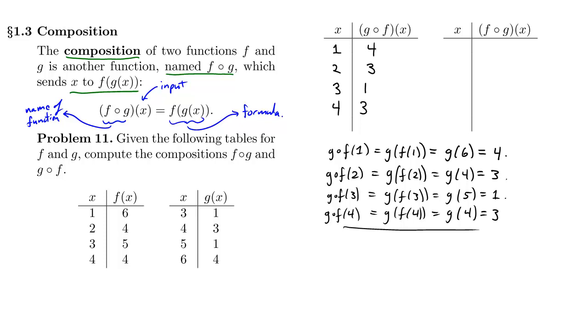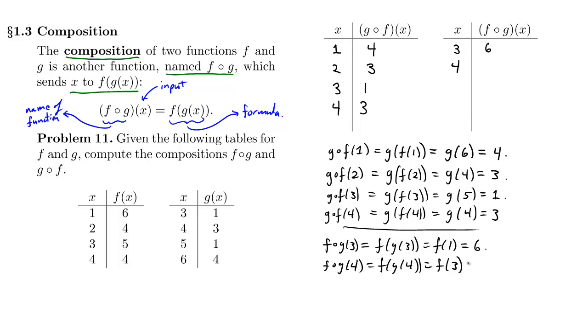Now let's compute f composed with g. F of g of 3 equals f of 1, which is 6. F of g of 4 is f of 3, which is 5.